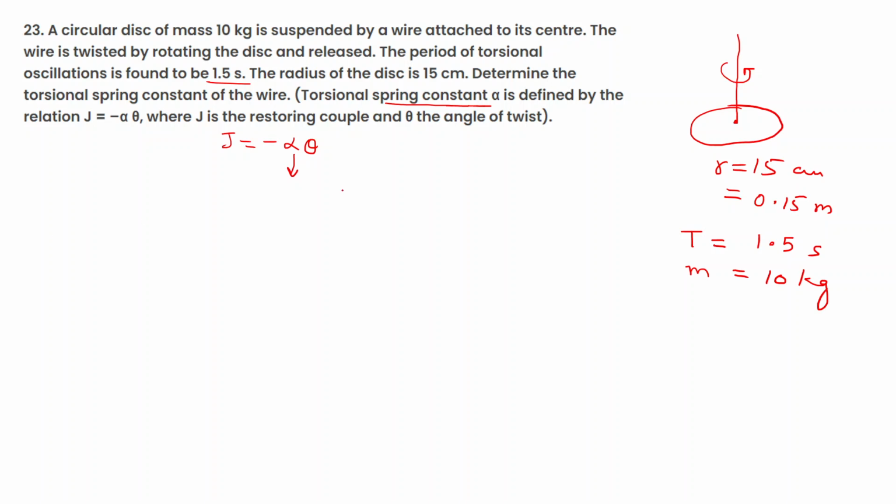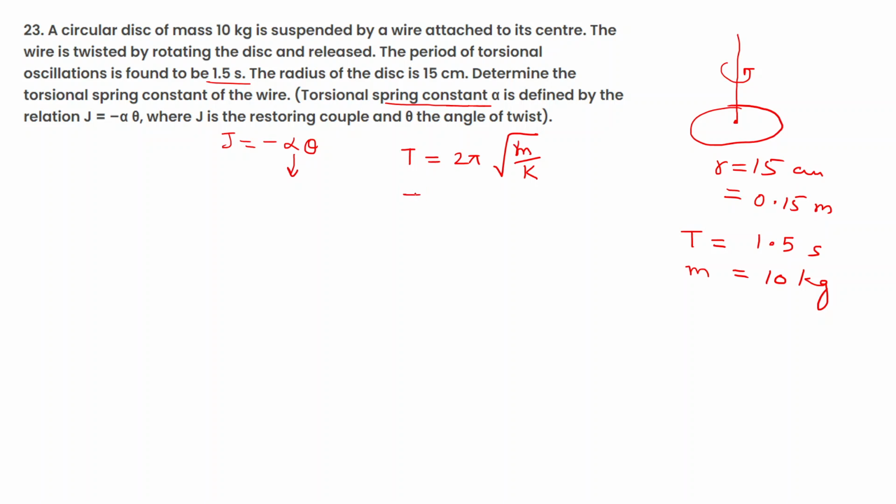Now, from time period, we know that for oscillations, for simple harmonic motion, we write it as 2 pi under root m by k, right? But basically this m by k may vary for different kinds of bodies doing simple harmonic motion.